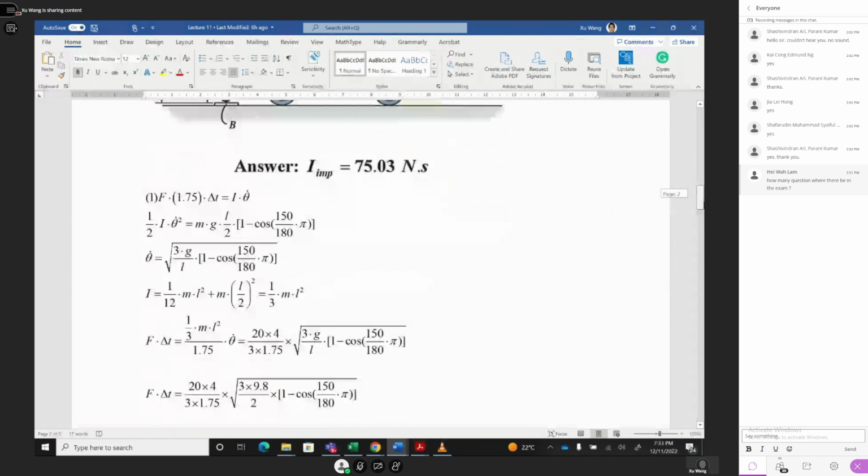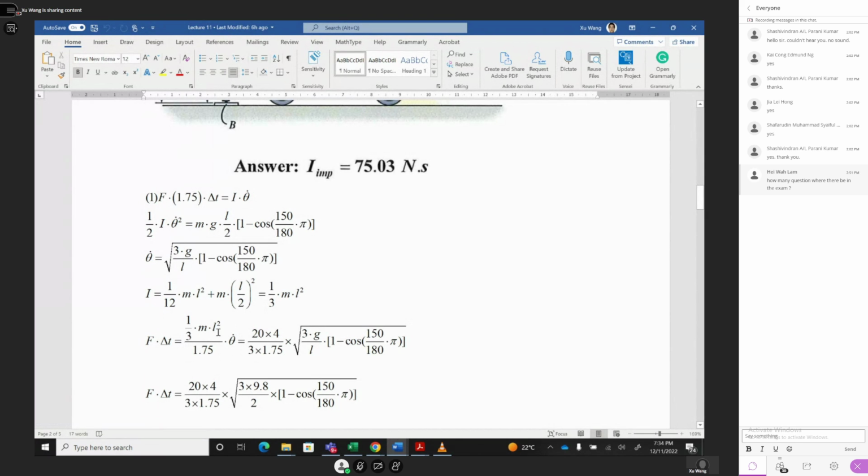Then the impulse should equal this divided by 1.75, right? And this I is 1/3 of ml square. We know theta dot, so replace theta dot by the whole expression. This should be 3 multiplied by 1.75.